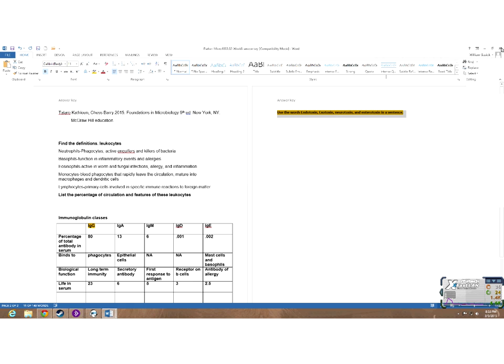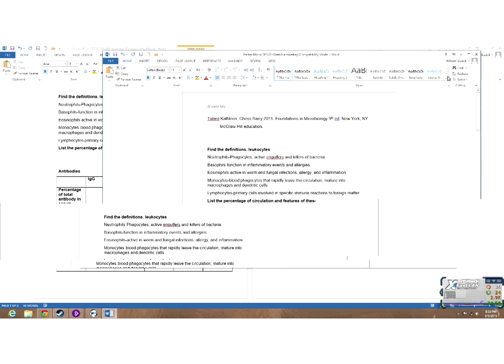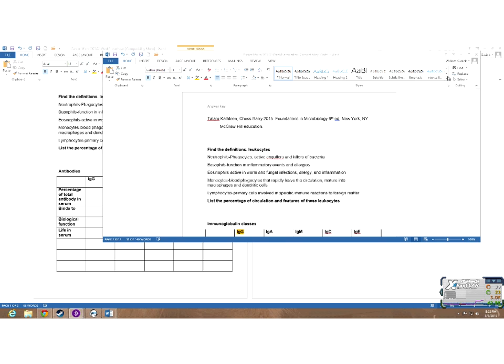Oh, can you not see my screen? Okay. Hold on. I don't know why it's not showing. Let's see. I don't know. Can y'all see it now?